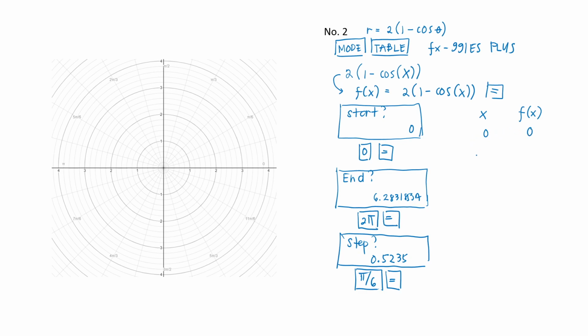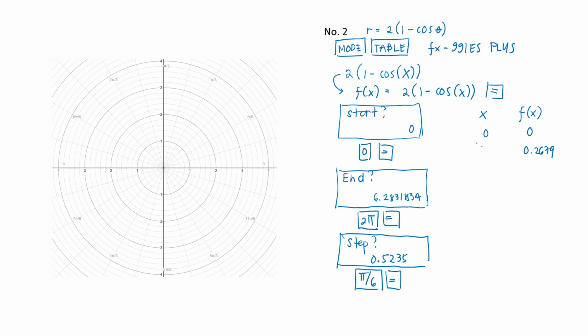Then 30 degrees is 0.5235, that will be 0.2679. Or if you want to follow the calculator so it's easier, you can create your own x values so you won't get confused, it's easier.